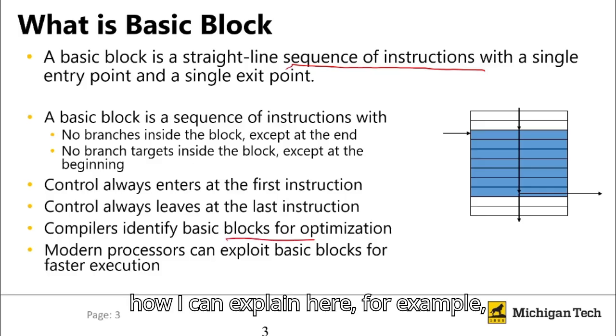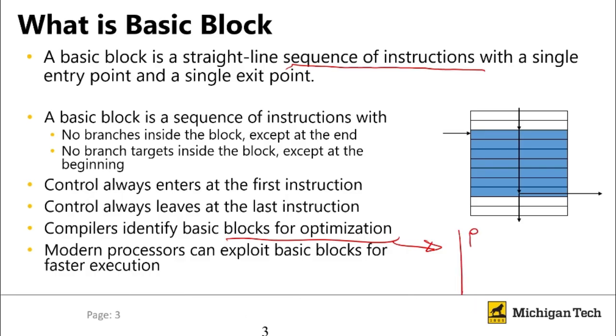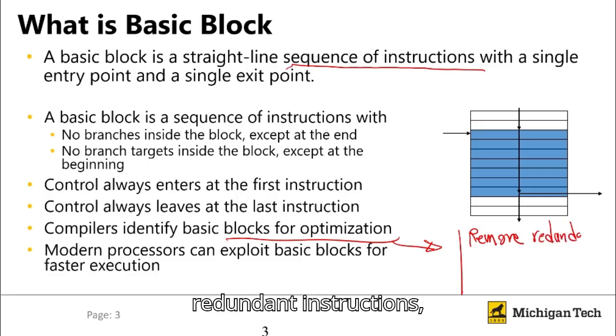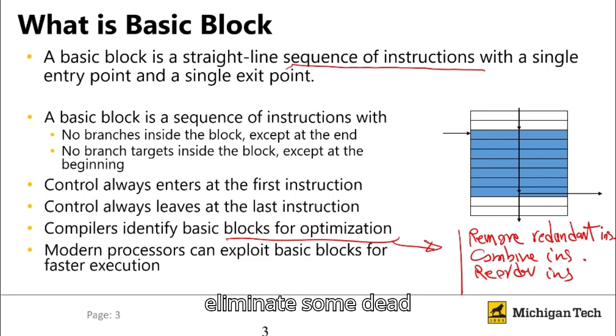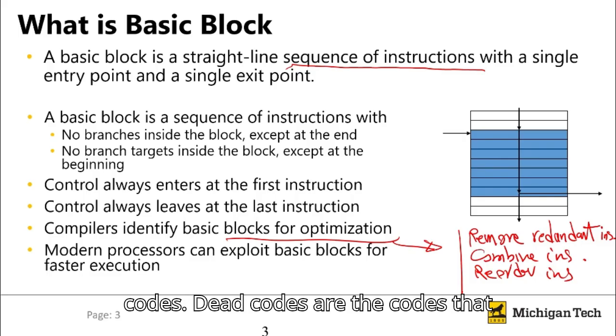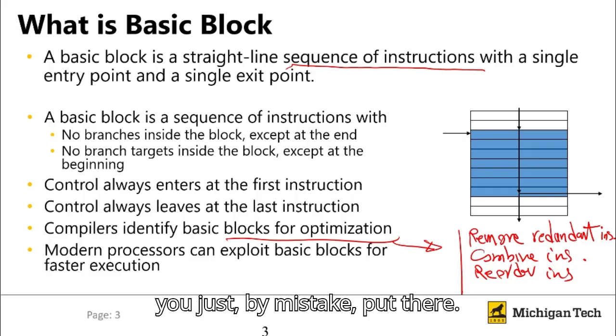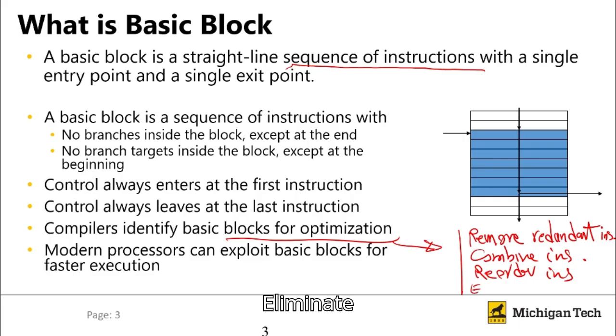So how I can explain here, for example, the compiler can remove redundant instructions, can combine instructions, can reorder instructions, or eliminate some dead code. Dead code is code that you just by mistake put there.